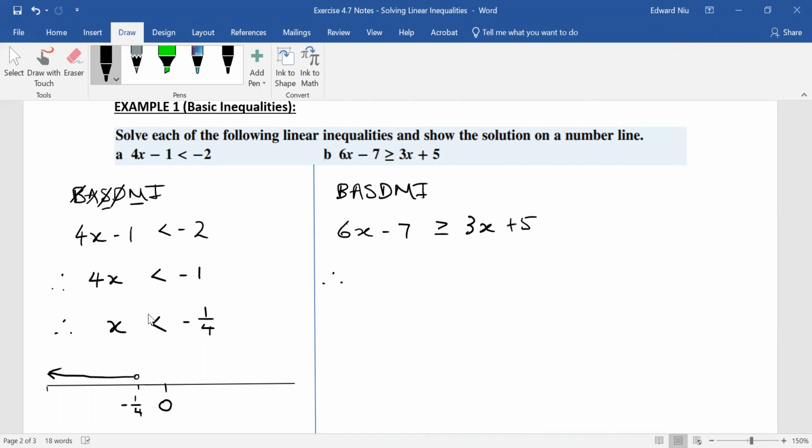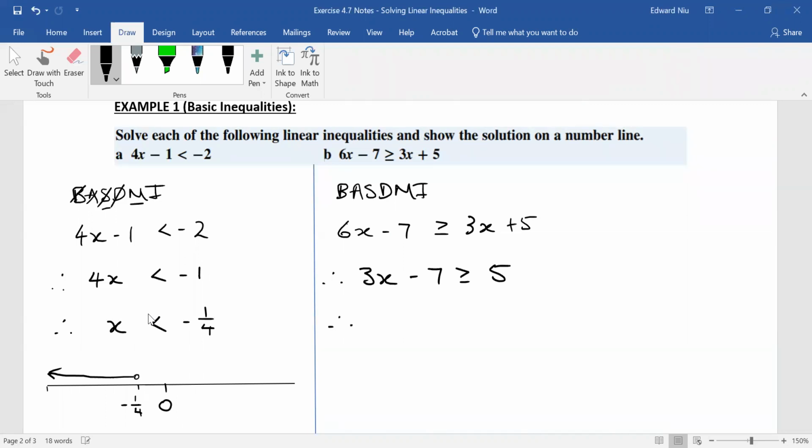So we compare 6x versus 3x. 3x is the smaller one, so we eliminate the 3x by subtracting 3x on both sides, which means we're left with 3x take 7 is greater than or equal to 5.